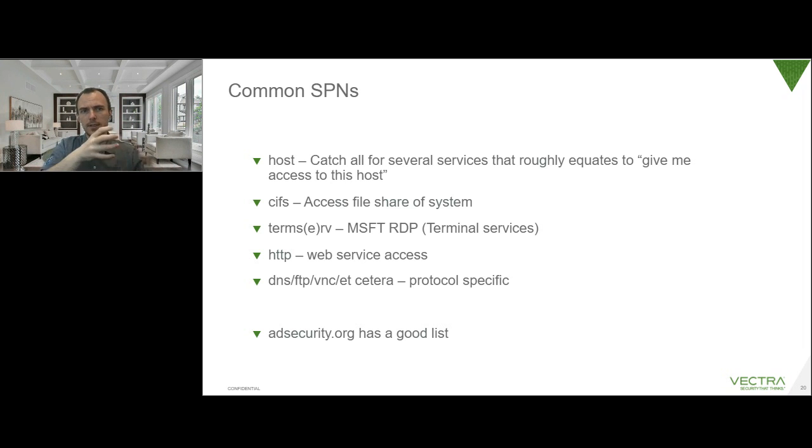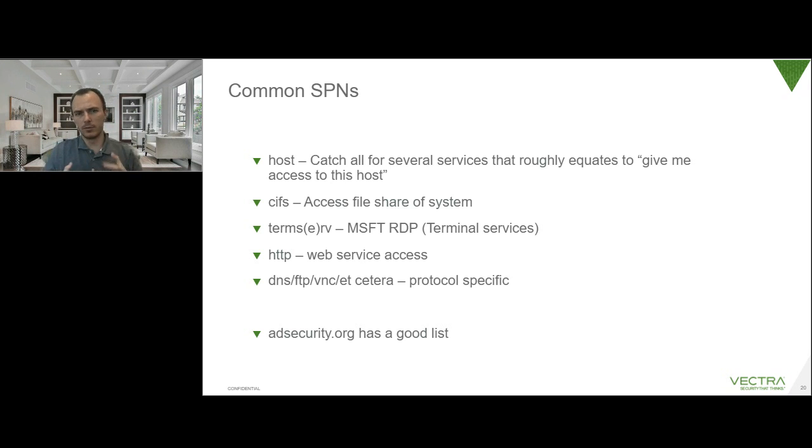CIFS is accessing the file share of the system, right? Termserv, you may see this with an E or without. This is specifically Microsoft RDP or their terminal services. And then other ones are typically protocol specific. So I call out HTTP in particular for web services, but you'll also see things like DNS, FTP, VNC, RPC, and others.